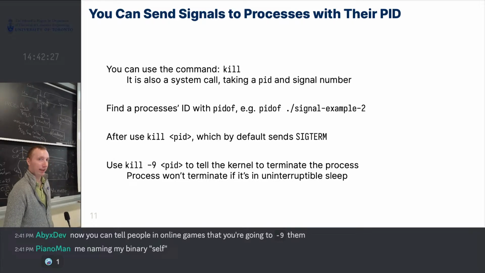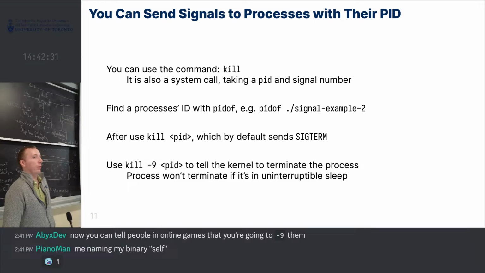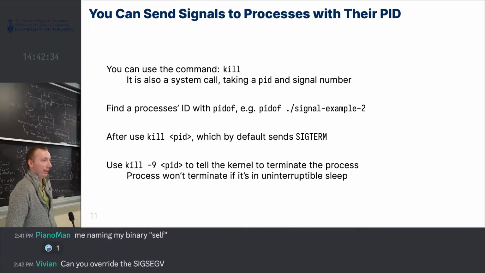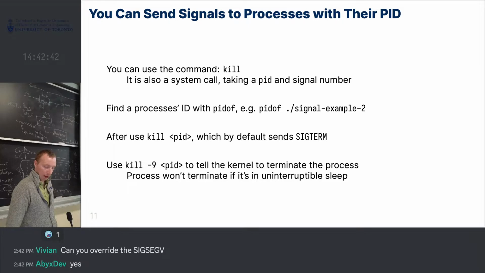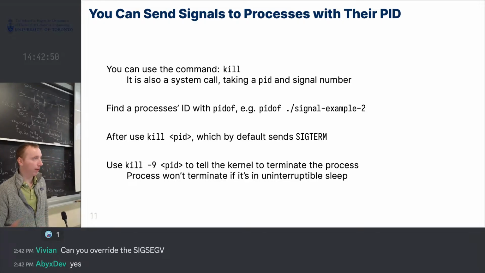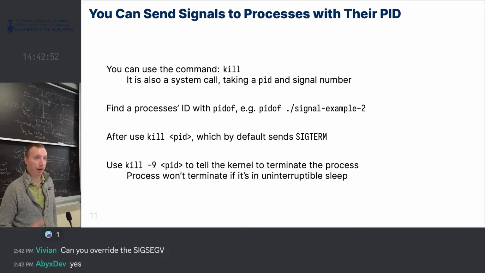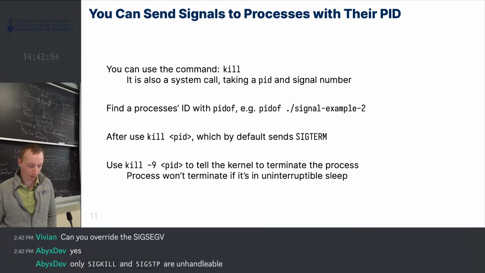And here is the explanation of what I did before that. So sending a signal, the system call is called kill, and someone wrote a program called kill that just essentially does that kill system call for you. So it takes the number and then the PID of what to kill, and I showed you how to find the process ID with pidof. That is another program you can run.